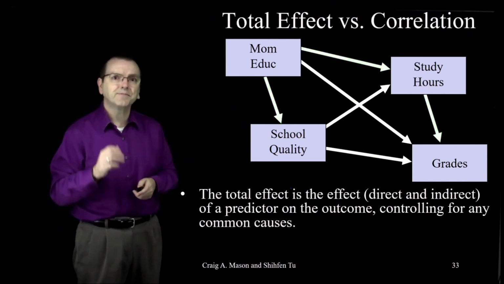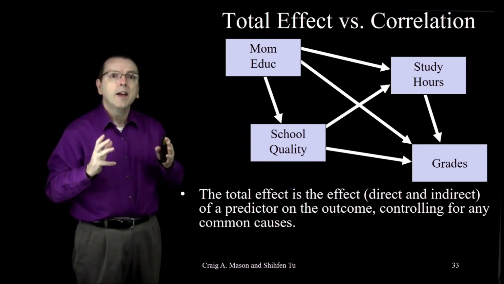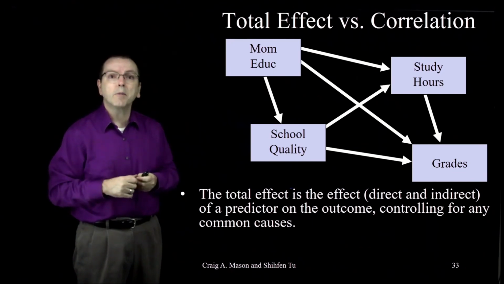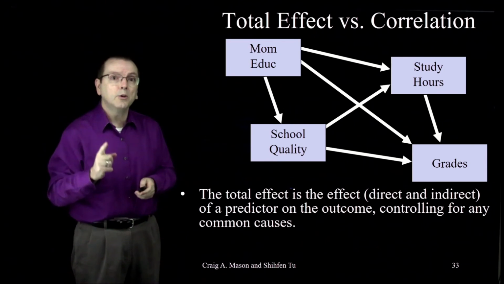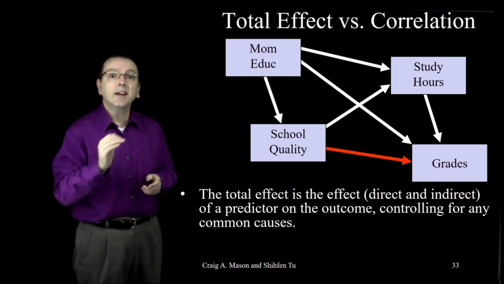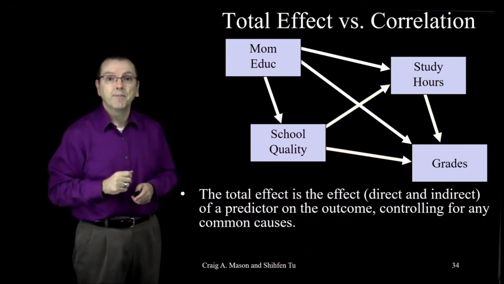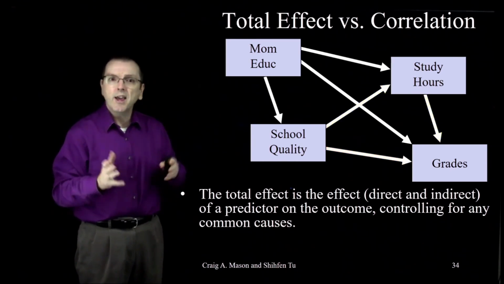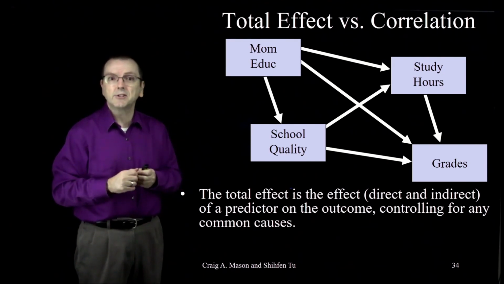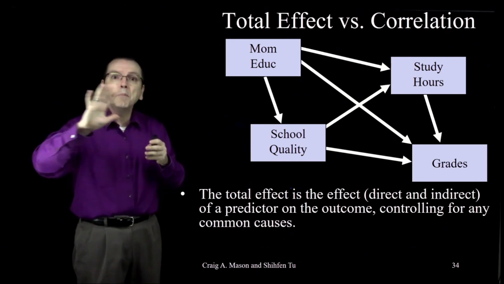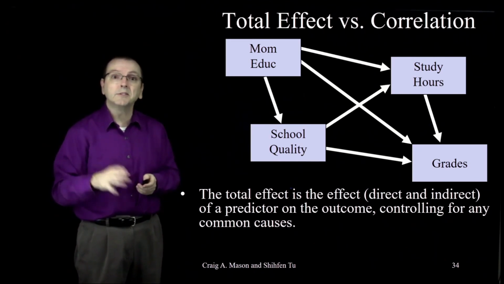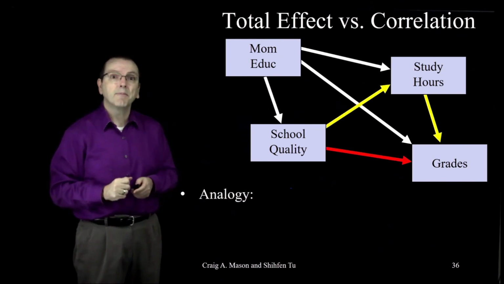In contrast, the total effect controls for any earlier variables or common causes. In this case, the total effect for school quality only includes its direct and its indirect effect controlling for mother's education. The simple correlation includes any spurious effects due to common causes. The total effect has statistically removed the impact of common causes and their spurious effects.